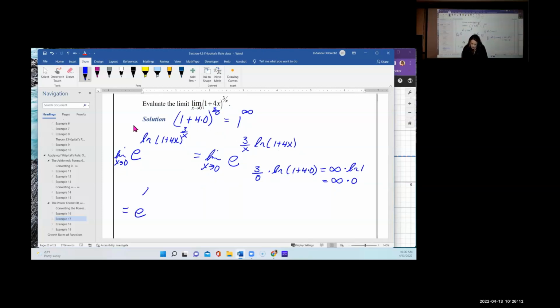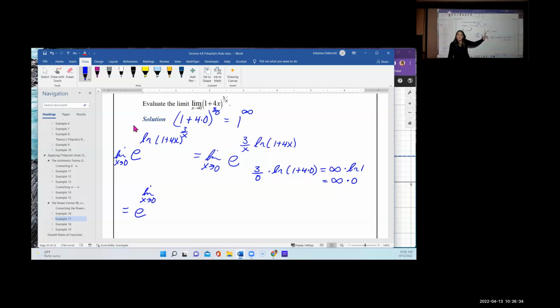So in my next step, I'm going to pull the limit into the power. So e is the base. I have the limit as x goes to 0. And I need to rewrite this in a fractional form so that I can evaluate it and get one of the two basics, 0 over 0 or infinity over infinity. Either one will work. Natural log never moves.